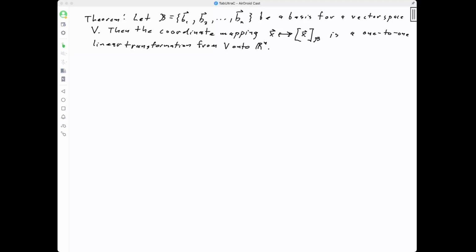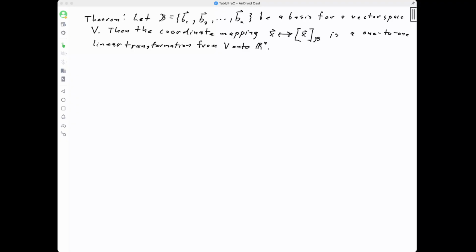It's important that this is a 1-to-1 mapping. We can use the coordinate mapping relative to the basis B to build this vector in Rn, and because it is 1-to-1, after we've done whatever modifications, proofs, or calculations we want to do, we can reverse that mapping to get back to the vector space that we originally were talking about.